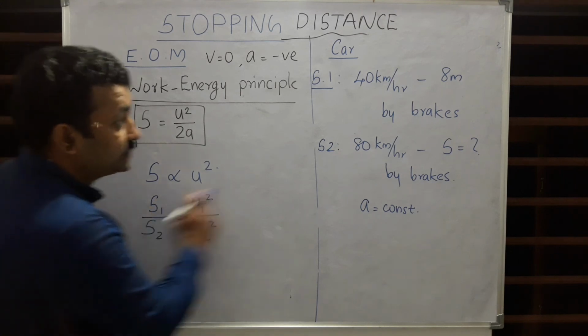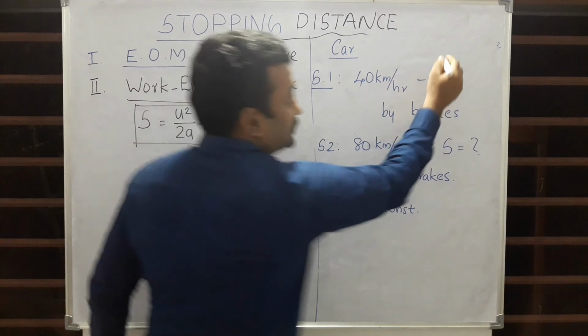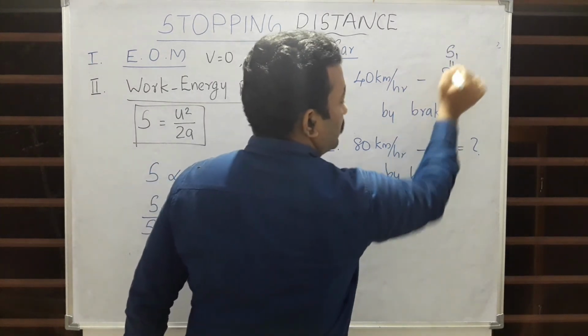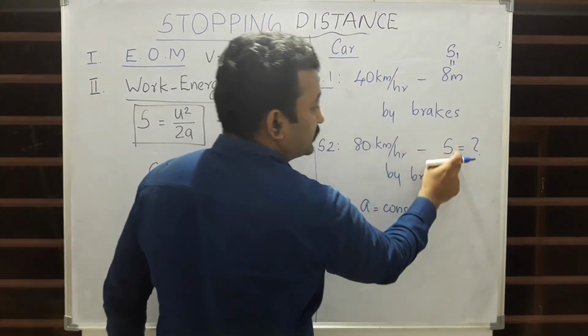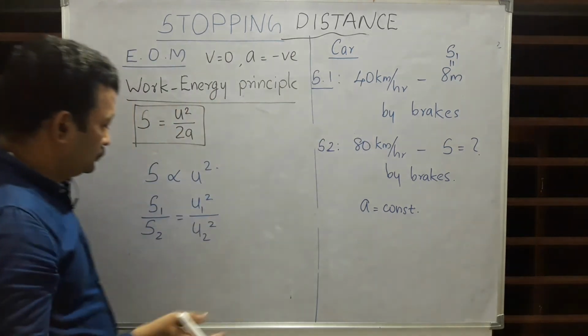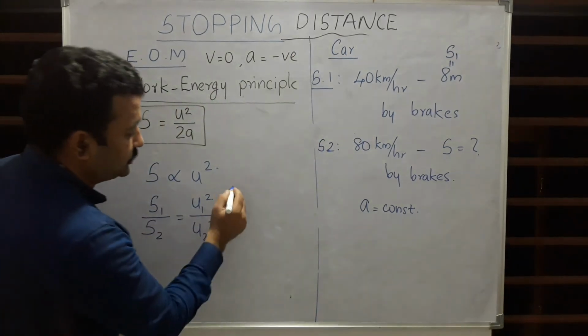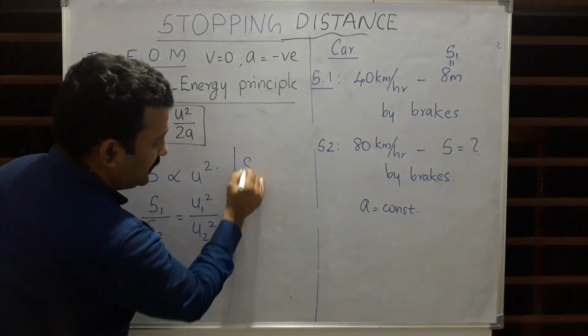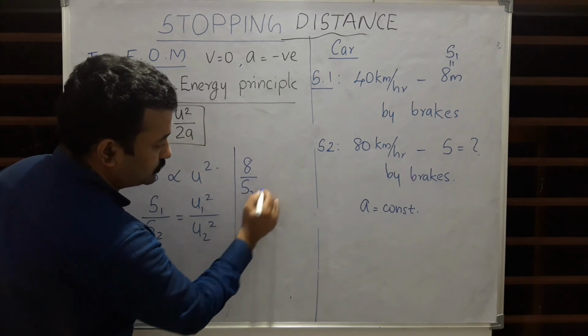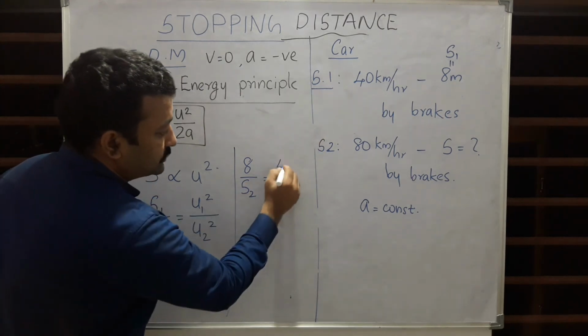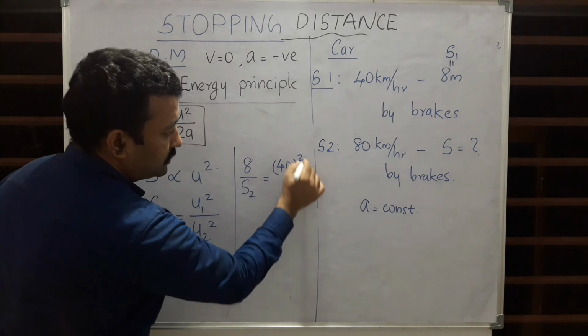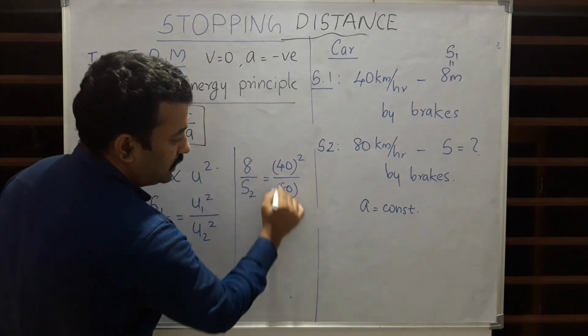S1 is already given as 8, this is u1, this is S2, this is u2. Substitute here: S1 is 8 divided by S2, equals u1 square, 40 square, divided by 80 square.